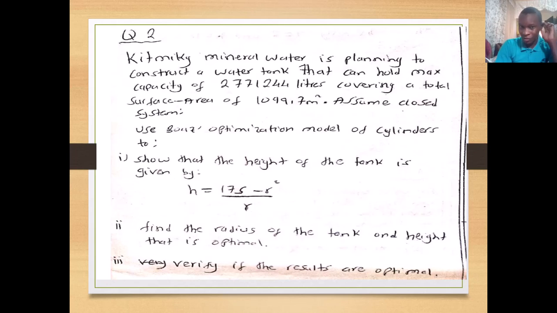Before we do this question, I wanted to note that for this case, we are given the volume and we are given the surface area. So we have to look for the radius and the height, and then we confirm if those values are optimal.